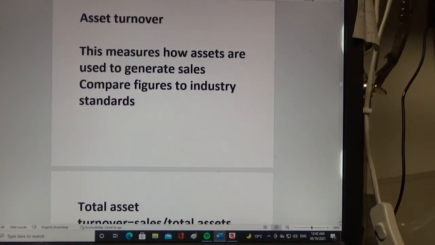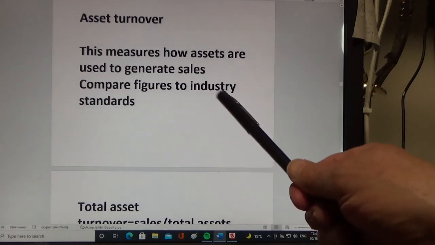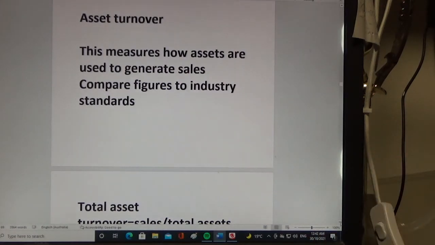Asset turnover. This measures how assets are used to generate sales. You compare figures to industry standards, and actually with a lot of these figures there's an industry average or a state average. It could be a geographic area.